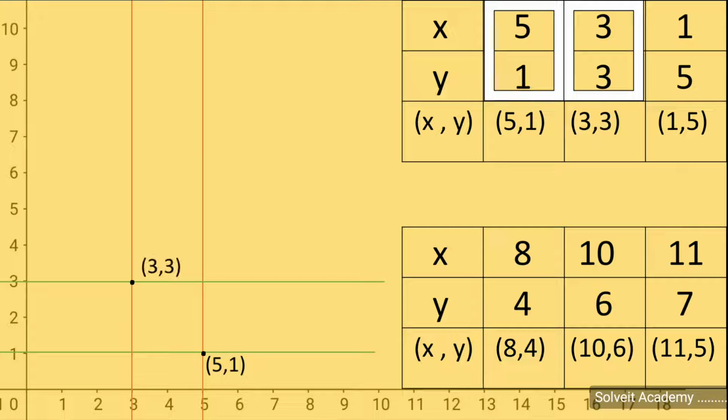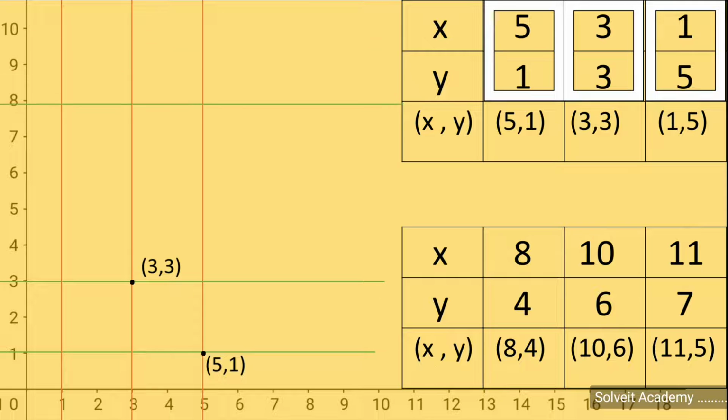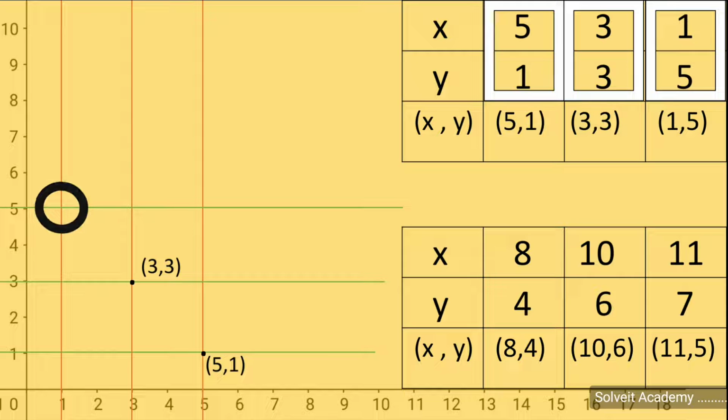Now when x equal to 1 and y equal to 5, we need two lines. One line will cut the x-axis at the point of 1 and the second line will cut the y-axis at the point of 5. The intersection of these two lines is the required point whose coordinates are 1 comma 5.